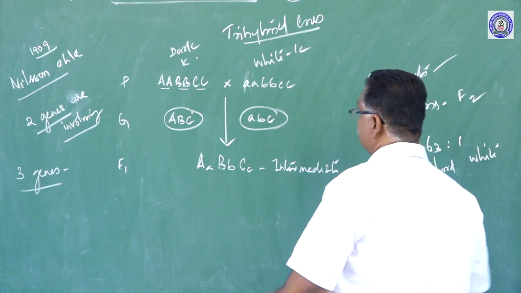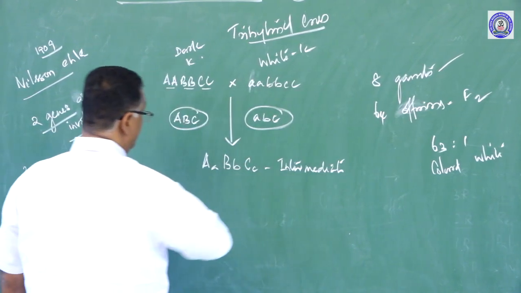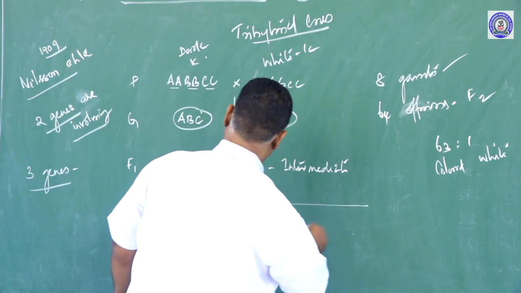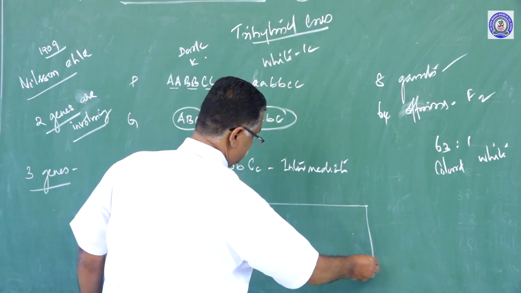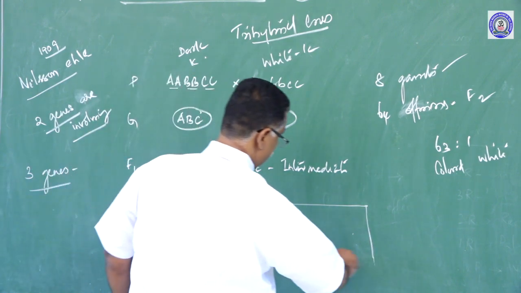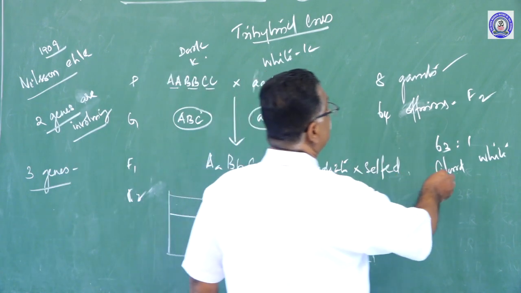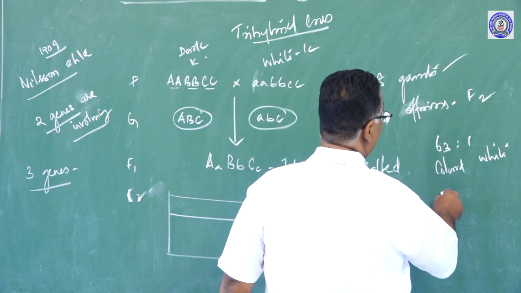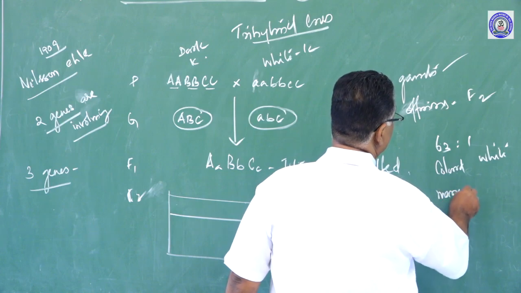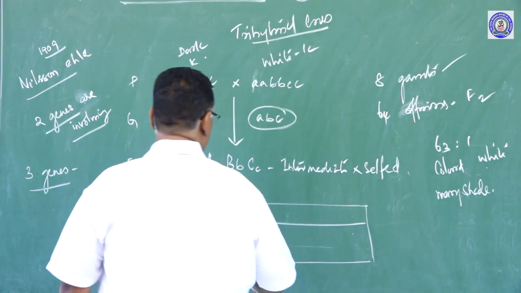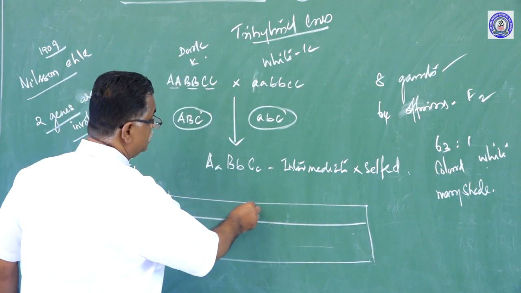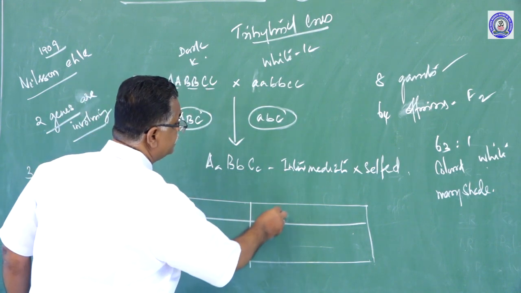This was his finding, the second result. Of the 63 colored, many were shaded, and only one was white. He found 7 types of wheat varieties.